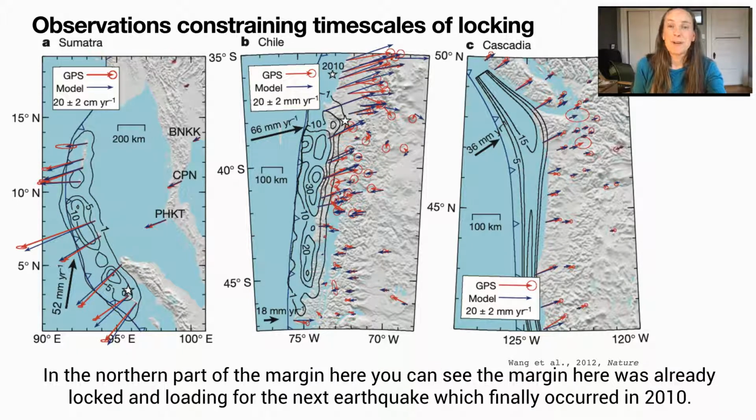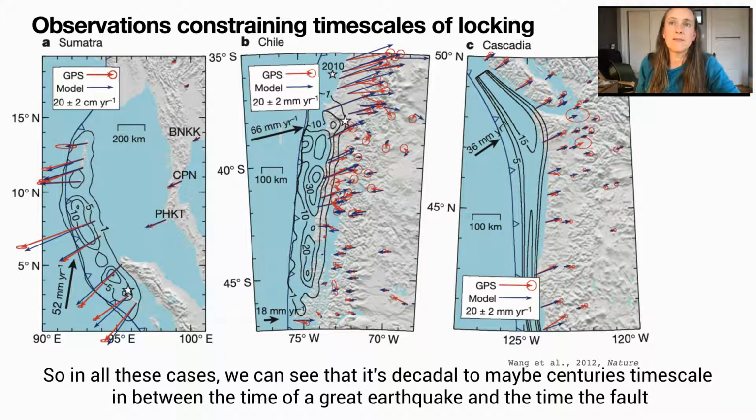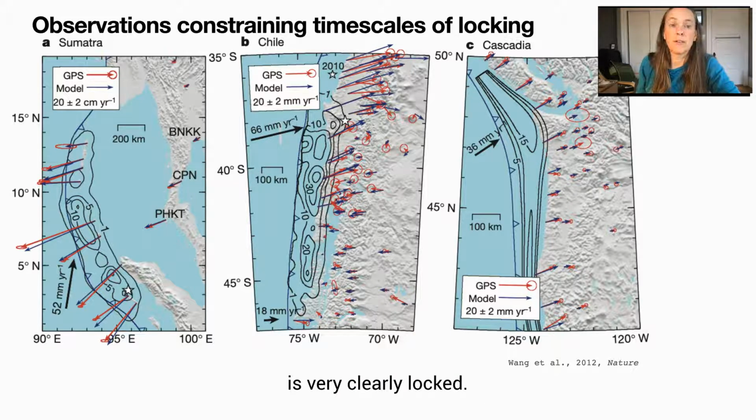In the northern part of the margin, you can see the margin was already locked and loading for the next earthquake, which finally occurred in 2010. So in all these cases, we can see that it's a decadal to maybe centuries time scale between the time of a great earthquake and the time where the fault is very clearly locked.